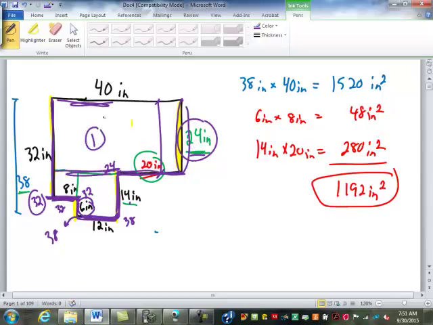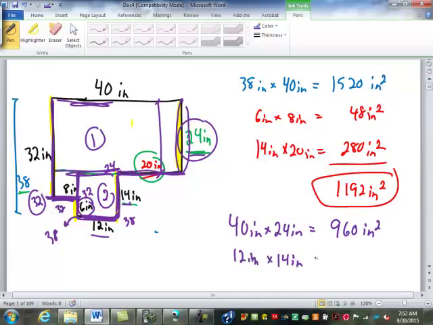This first piece here is 40 by 24. Which is what, 960 square inches? And then we've got this piece here, which is 12 by 14. Oh, which is what, 168 square inches?